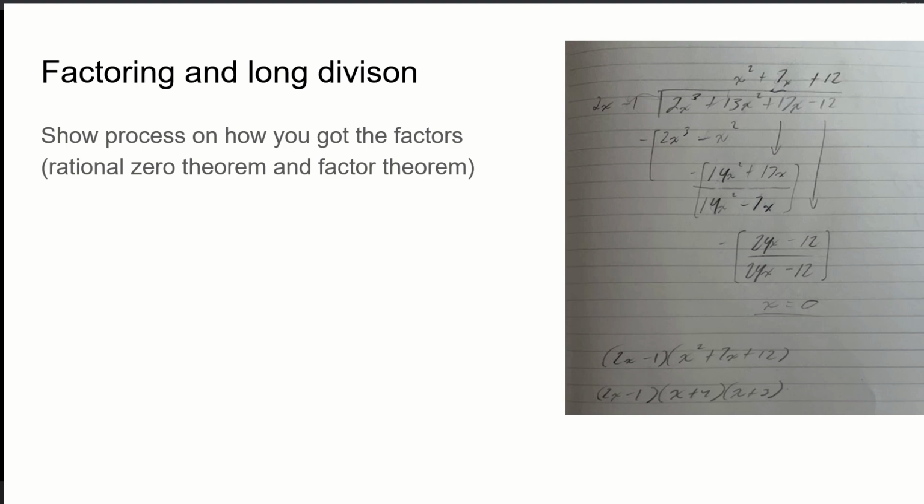I did synthetic division, so you can do synthetic division for -2 or 1 over 2. We both got the same answer: 2x minus 1, x plus 4, and x plus 3.